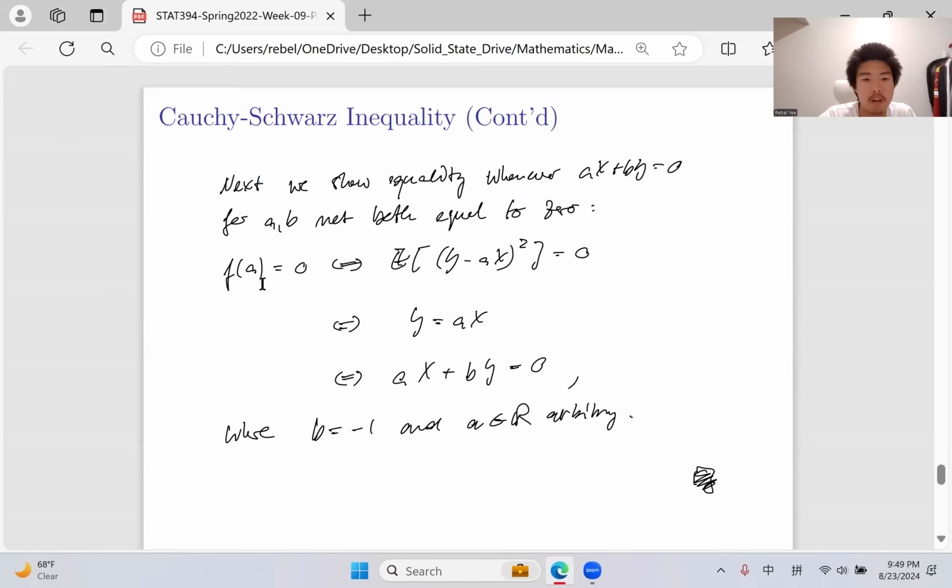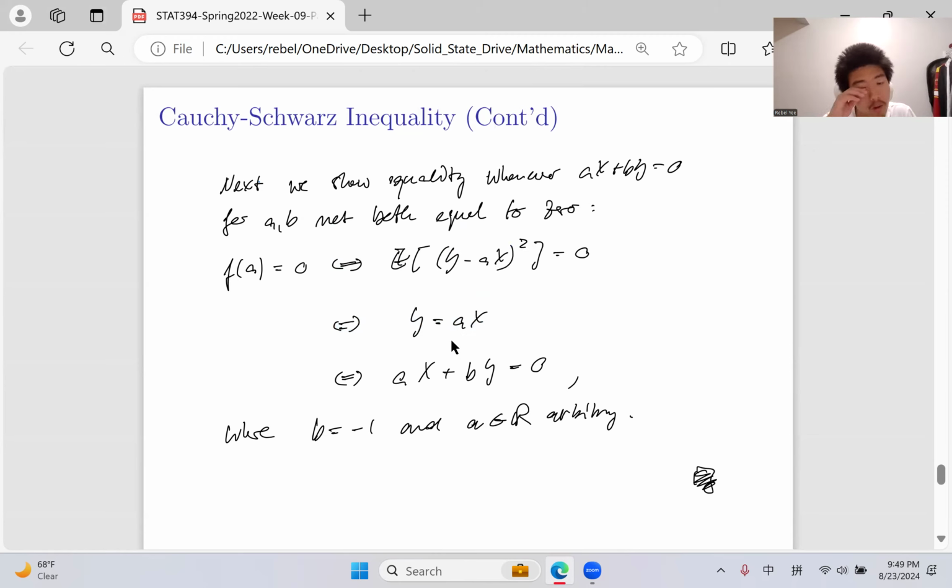What we have here is f(a) equal to 0, so the expected value of this term is equal to 0. Now, in what cases is this equal to 0? There's only one case, because this one is non-negative. So y minus a times x must be 0. And this indicates that y is equal to ax.